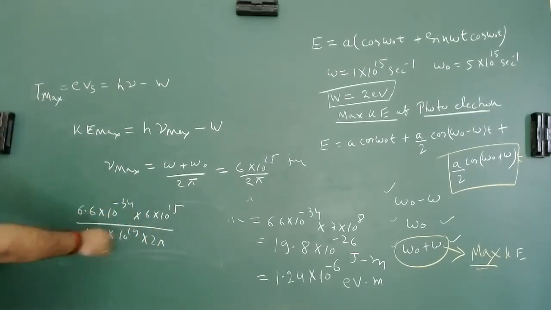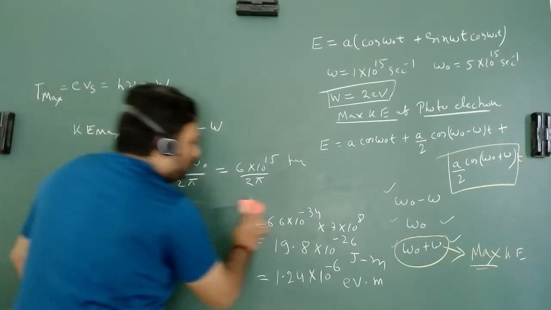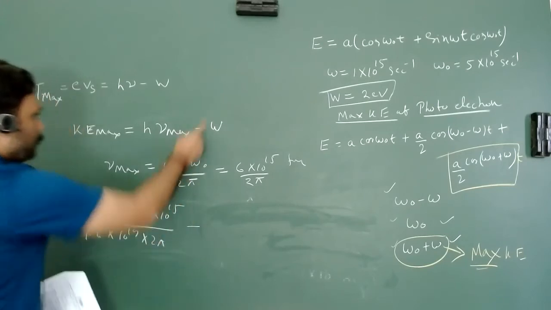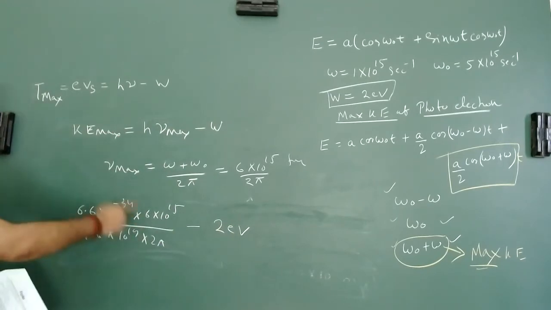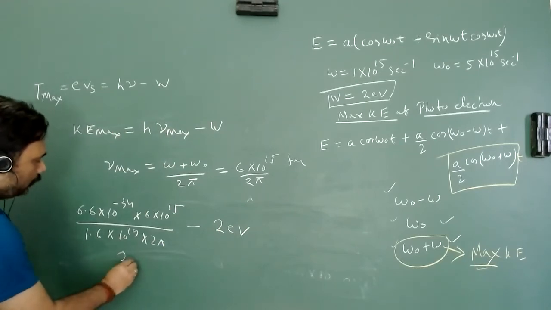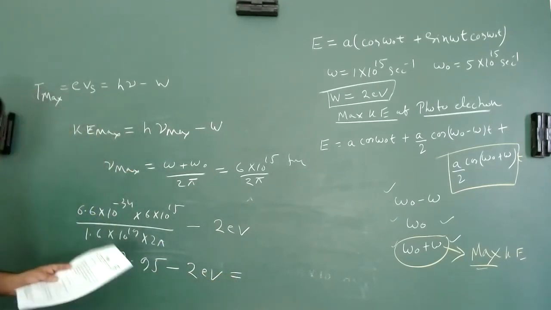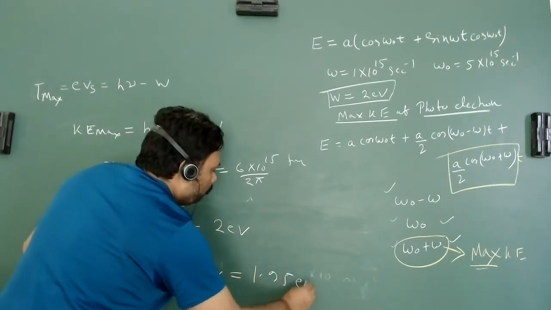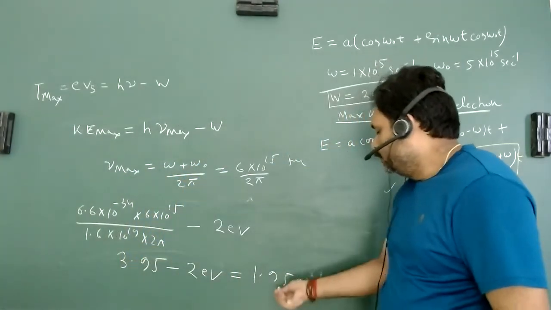You can also directly find the electron volt as we have done here, but I am doing each and everything at this point. And minus the work function, which is 2 electron volt. When you calculate this using a calculator, it comes out to 3.95 minus 2 electron volt, and that value will be approximately 1.95 electron volt. So the kinetic energy will be 1.95 electron volt.